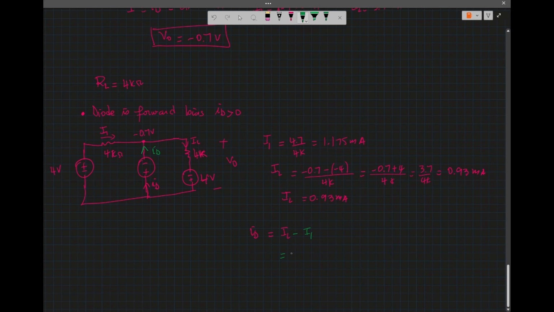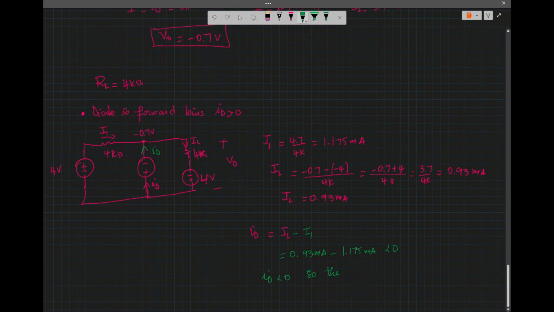So we have 0.93 milliamp minus 1.175 milliamp, which is obviously less than 0. So ID is less than 0.